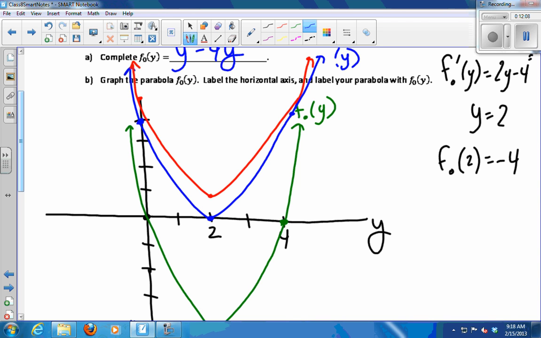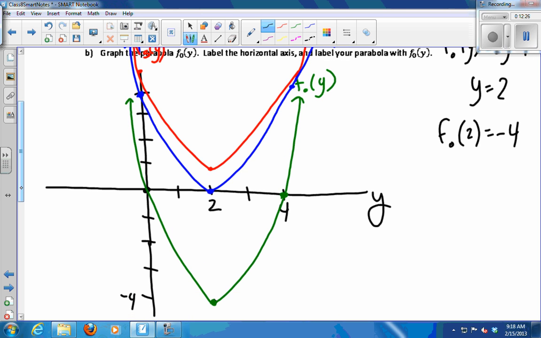So this red one is f sub 5. This blue one was f sub 4. And then I'm going to do one for f sub 3 where mu is 3. So that's shifted up 3 from the green, from the original.